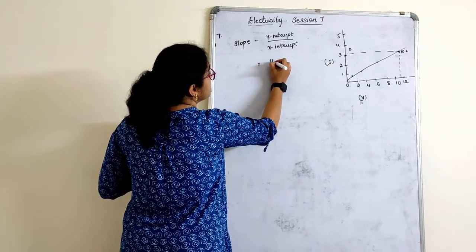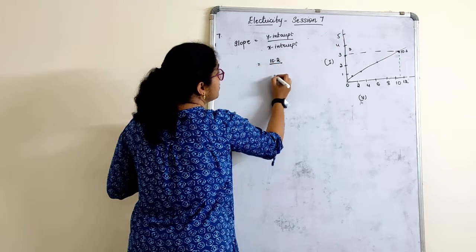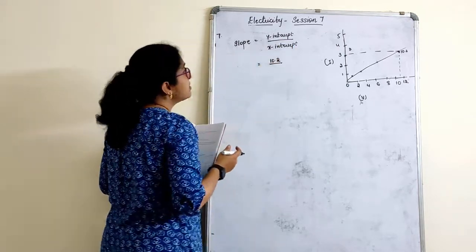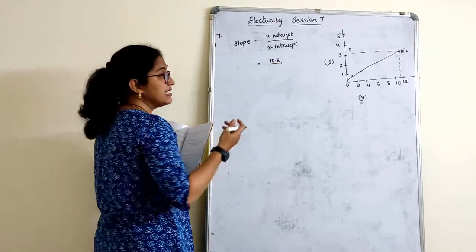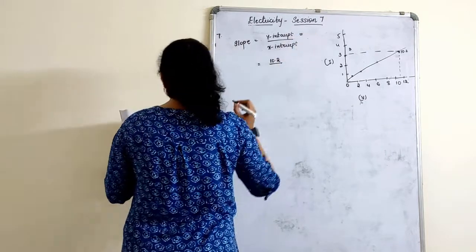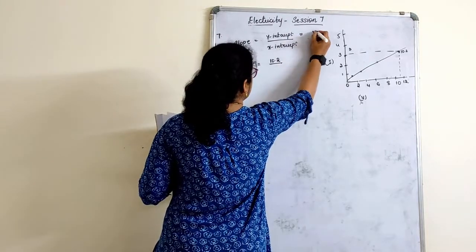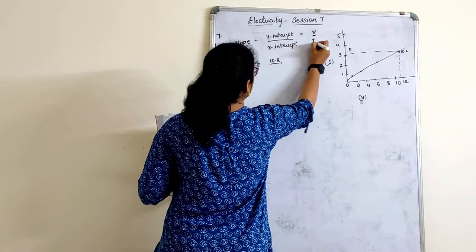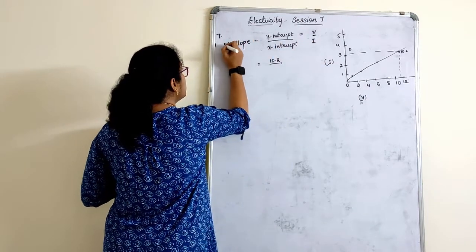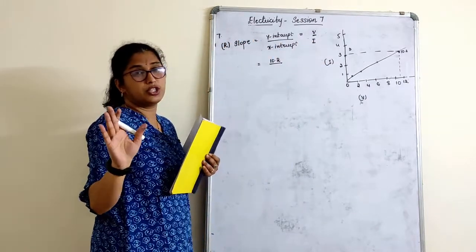So it is 10.2 divided by, simple, what is y-intercept by x-intercept here, children? 10.2 is nothing but voltage and this is I, where slope is nothing but resistance. Remember that much in your syllabus.